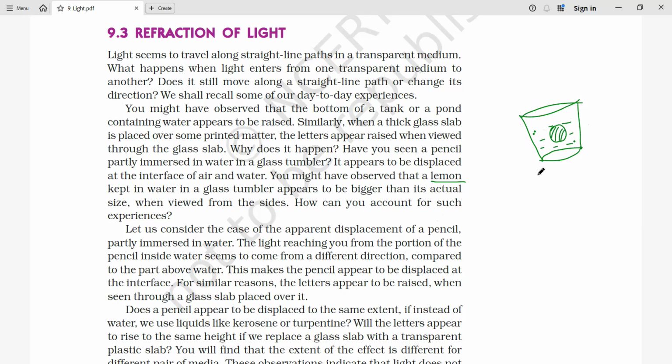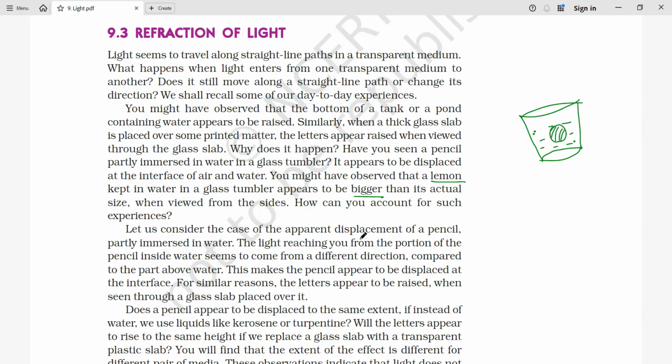What is the actual size inside the water glass? From outside it will look much bigger than the actual size. So why is it happening? This is how the refraction phenomenon affects the size of the lemon.